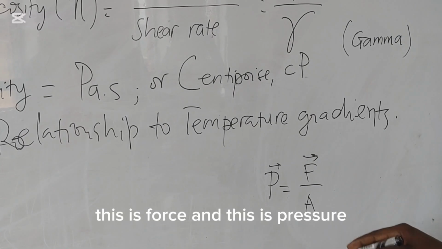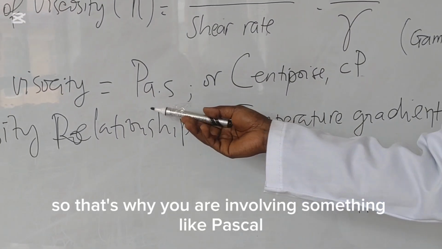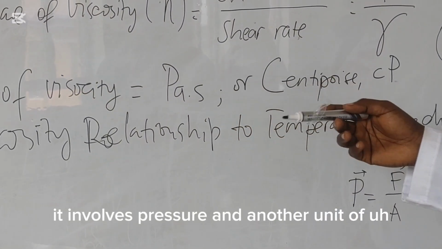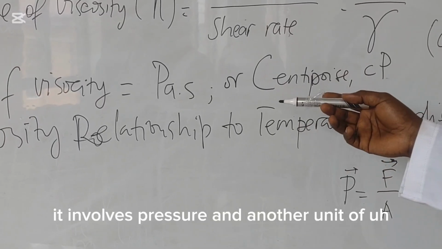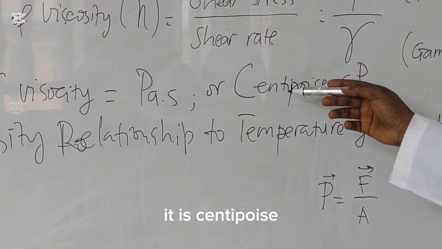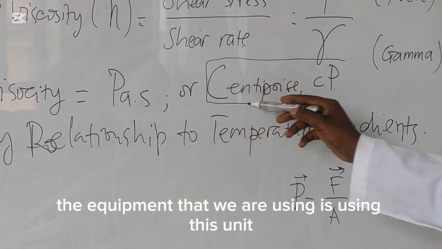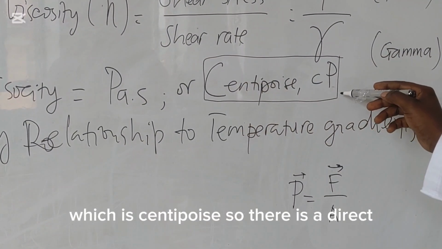So that's why you are involving something like Pascal. It involves pressure. Another unit of viscosity in general is the centipoise. The equipment that we are using uses this unit, which is centipoise.